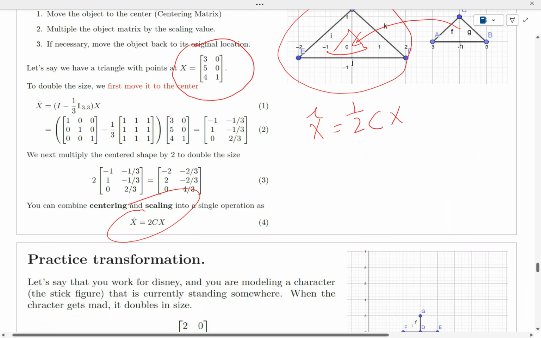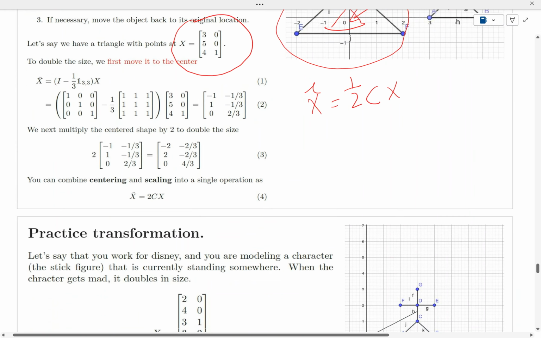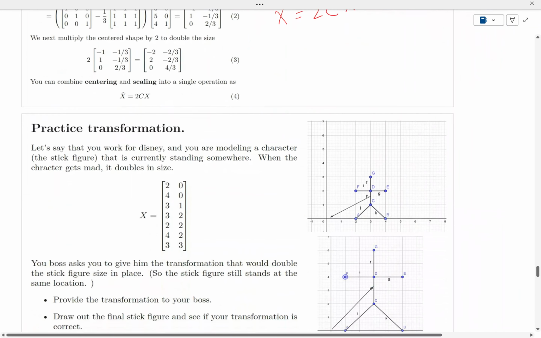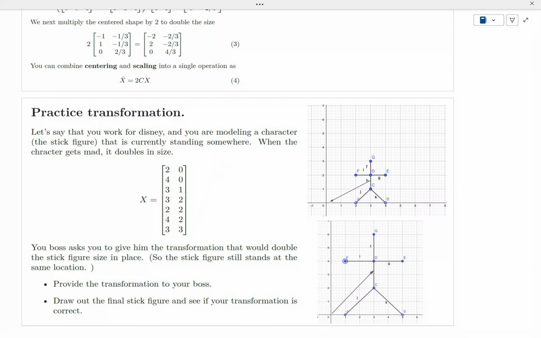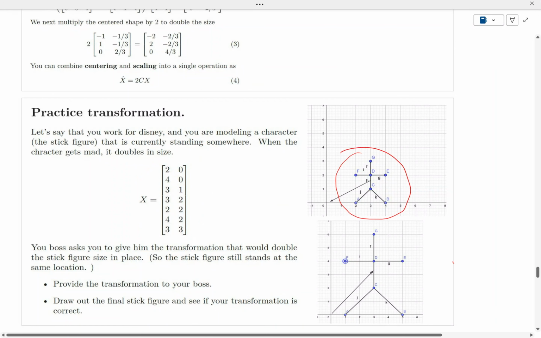Okay, so now let's see if we can practice. Let's do a quick practice of transformation. This is the stick figure, and let's say that you work at Pixar, and your boss is telling you that whenever this character gets mad, it becomes bigger, standing in the same place but bigger. And your boss essentially wants you to write the transformation.